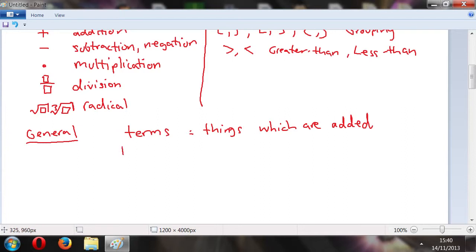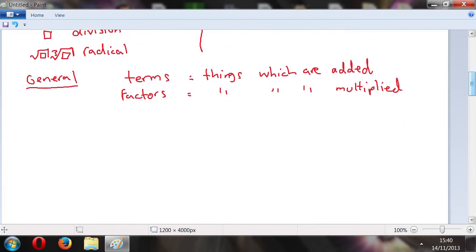Factors are things which are multiplied. This is always a problem to know in algebra, to know when to add, when to subtract, and when to do multiplication and division. Because obviously, if you don't do them in the correct order, things go wrong.